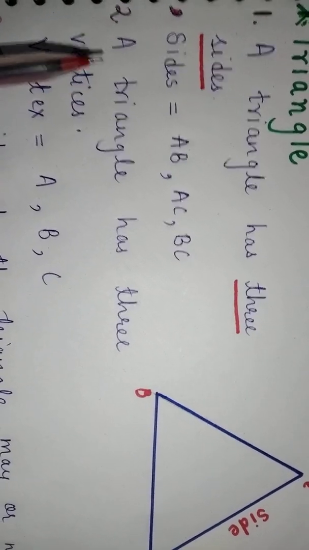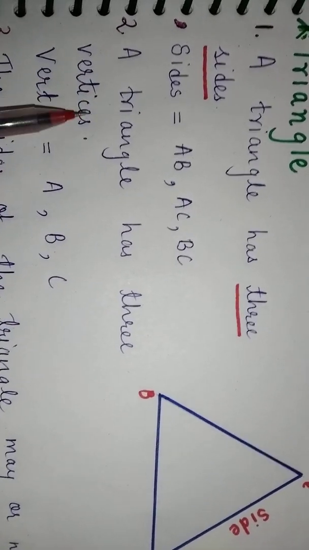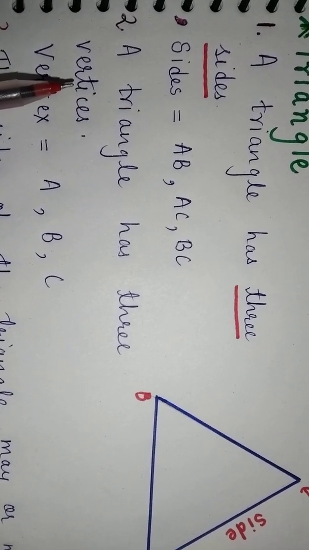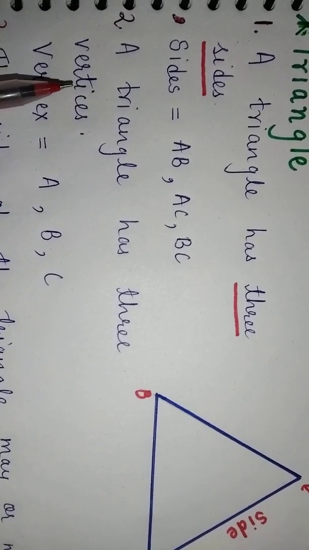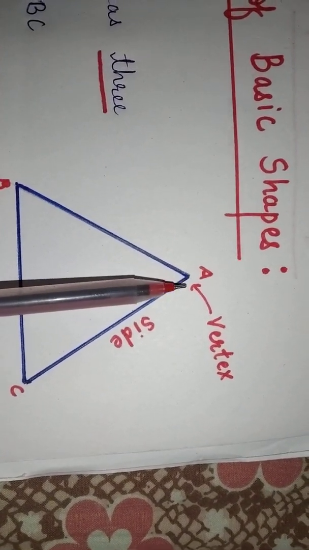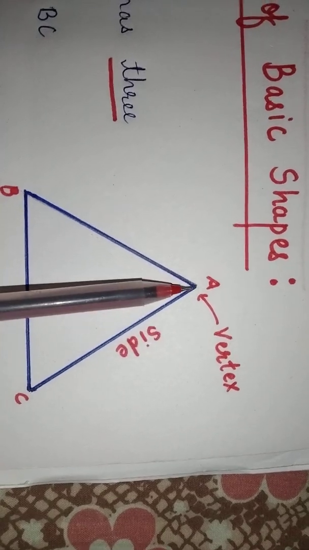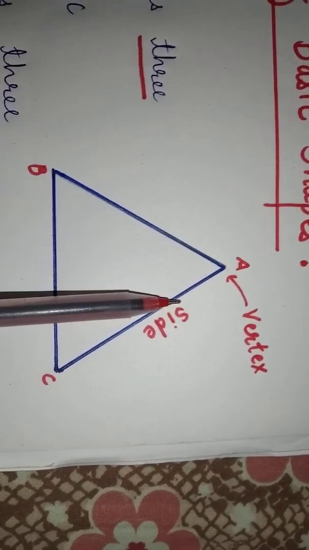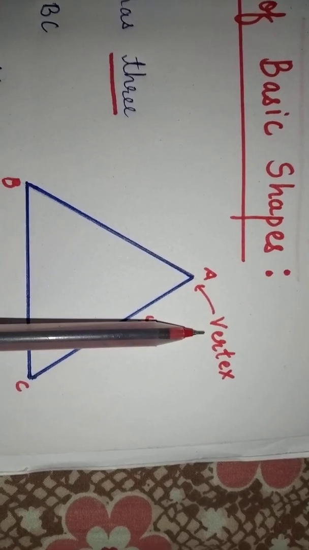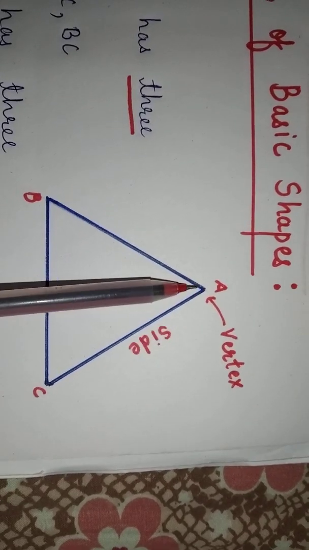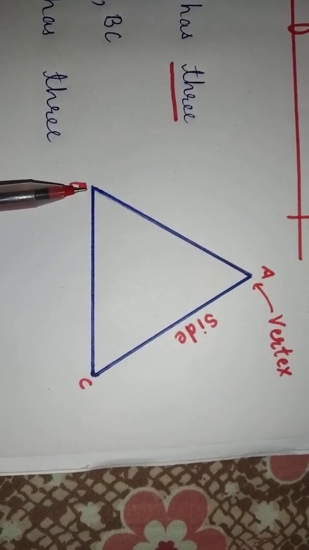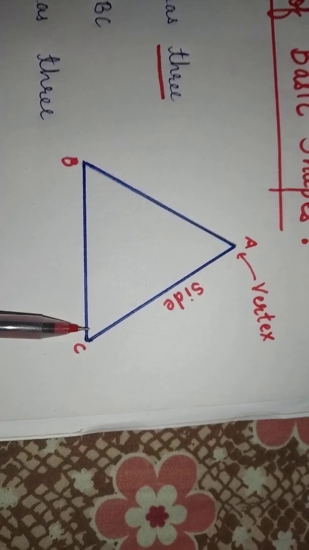Then the second thing: a triangle has three vertices. So now the question arises, what is a vertex or what are vertices? The meeting point of two sides is known as a vertex. Here you can see vertex A. Here A is the vertex, B is another vertex, and C is the third vertex.